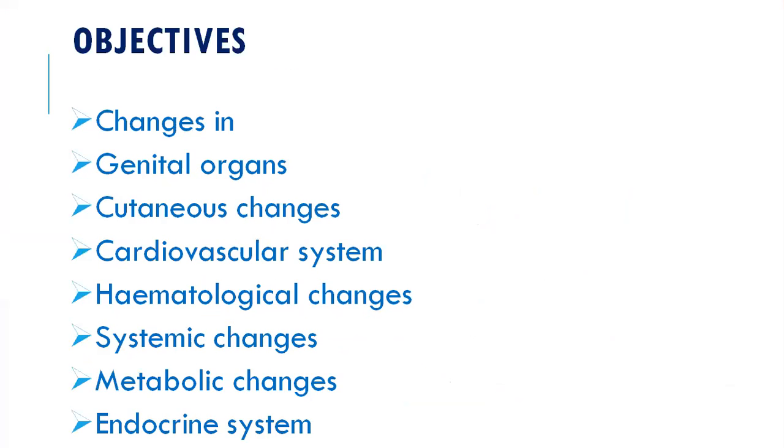So there are many changes occurring in the mother during pregnancy. The changes occur in the genital organs. There are some skin changes, changes in the cardiovascular system, some hematological changes, systemic changes, metabolic changes, endocrine system.